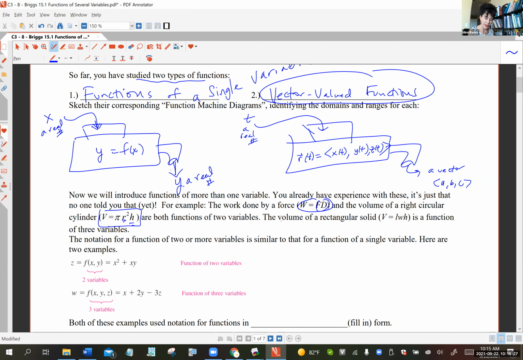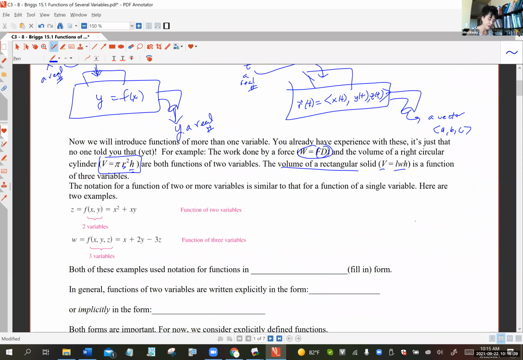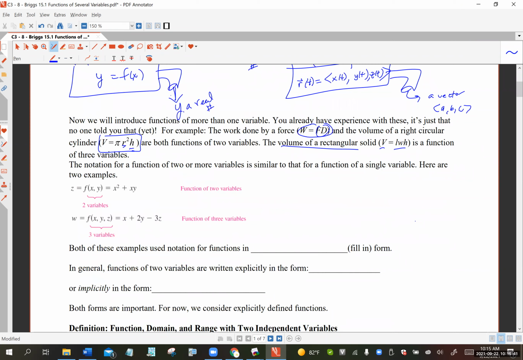Yay. What about the volume of a rectangular solid? V volume equals length times width times height. You've seen that. That's a function of 3 variables, length and width and height. So let's go over the notation for it. Because they're independent? Yeah, all 3 of these are independent. True.